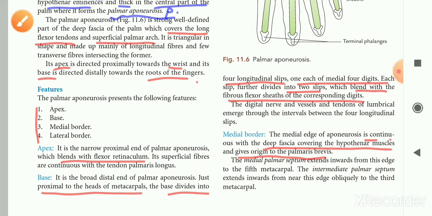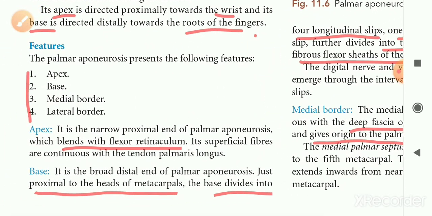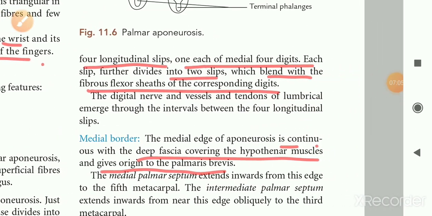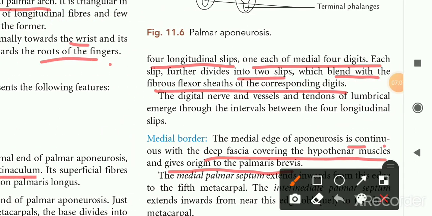Now the apex is blended with the flexor retinaculum, and the base is attached proximal to the head of the metacarpal, and at the base it divides into 4 longitudinal slips, one for each of the medial 4 fingers, and each slip further divides into 2 slips which blend with the fibrous flexor sheaths of the corresponding digits.